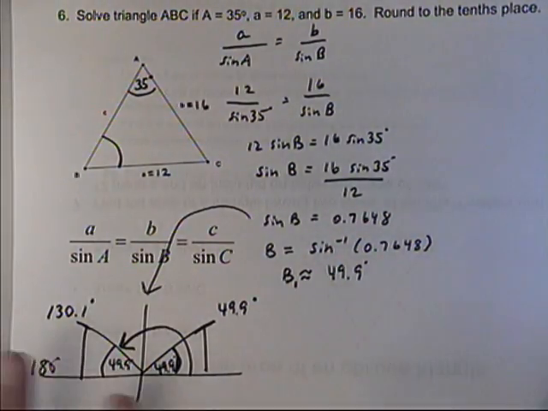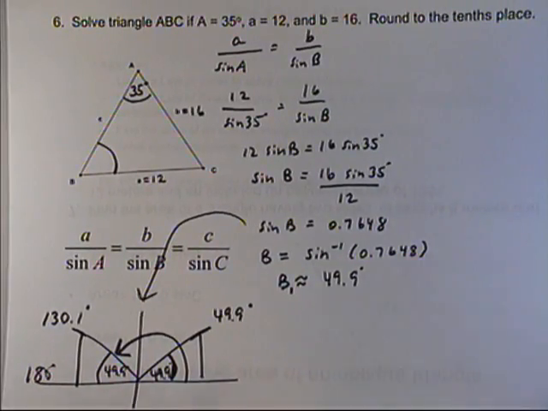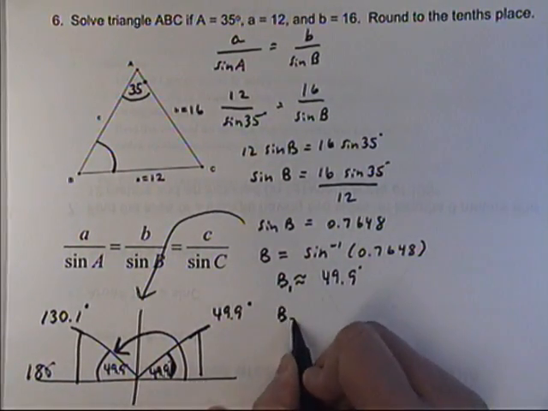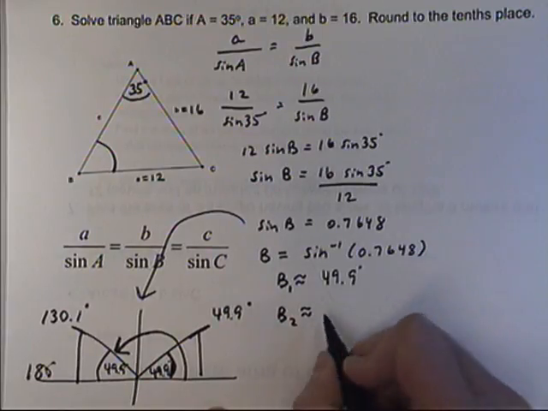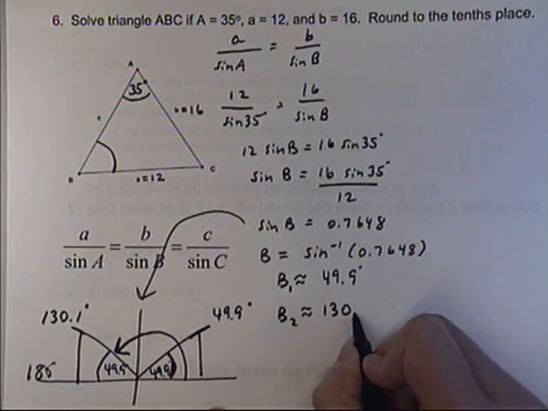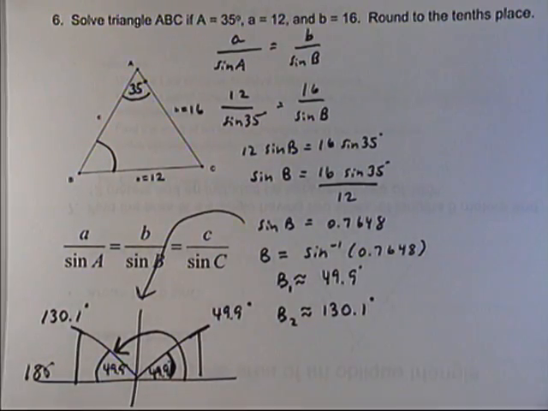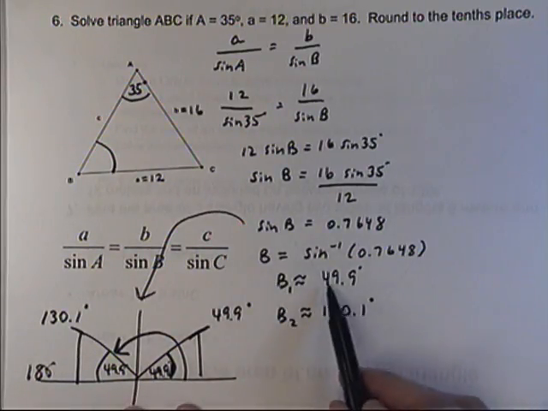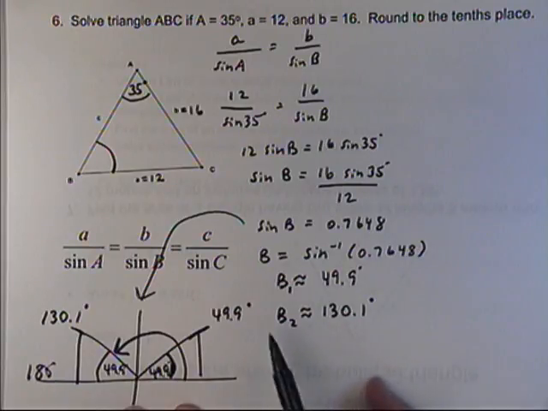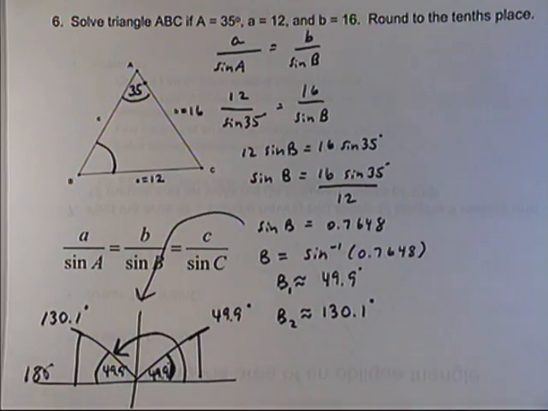So what happens is we now have to say, okay, since both of these angle B's could exist on this triangle, I'm now going to solve this, and I'm going to pretend like there's two different universes of answers. One universe comes from if angle B is 49.9 degrees, and the other universe comes from if angle B is 130.1 degrees.